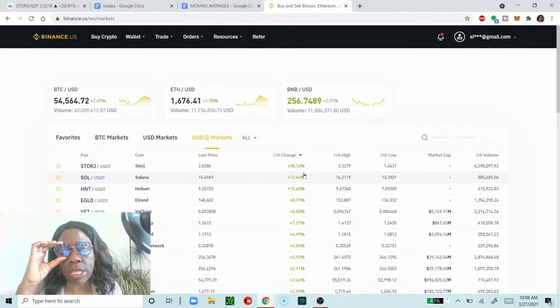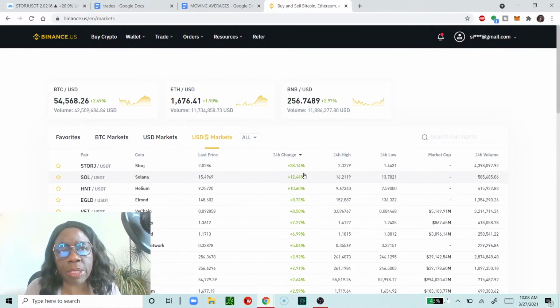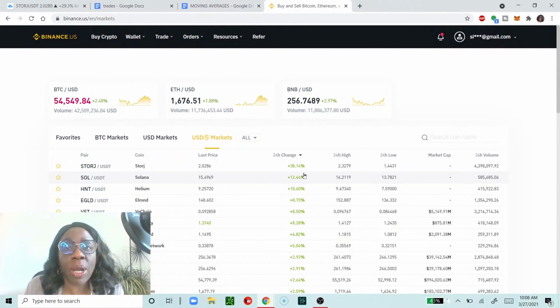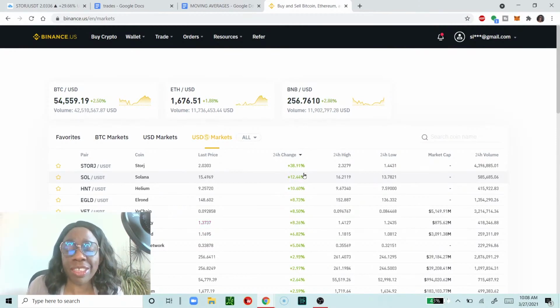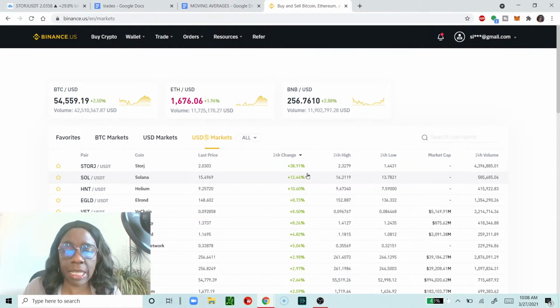Trading signals are okay, but I don't believe there's any trading signal website or platform out there that is correct 100% of the time. Nobody is correct 100% of the time. So that's why, if that's your preferred way of getting in on what coins are moving, you have to take their signals, analyze the signals, look at the charts, and see if it's something that's worth investing in. So this is one way you would do it.